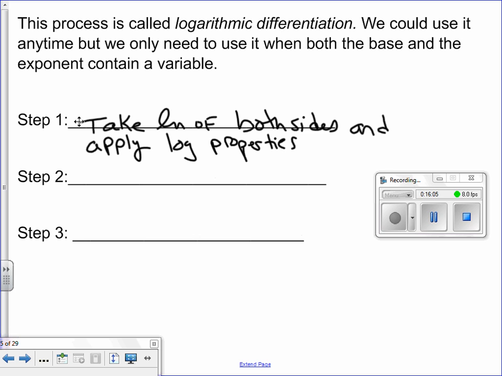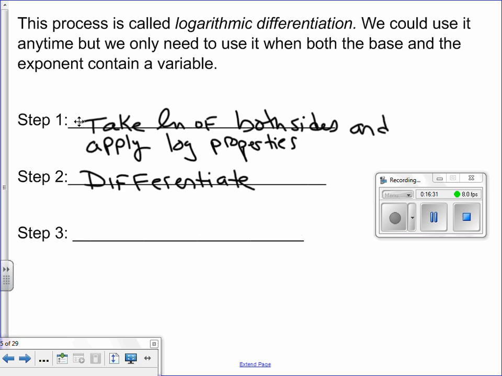Okay, so that was our first thing. Once we did that, what did we do next? Differentiate, right? Take the derivative of both sides, implicitly. Now, that's going to leave you with a y prime over y or a 1 over y dy dx, however you want to write it.